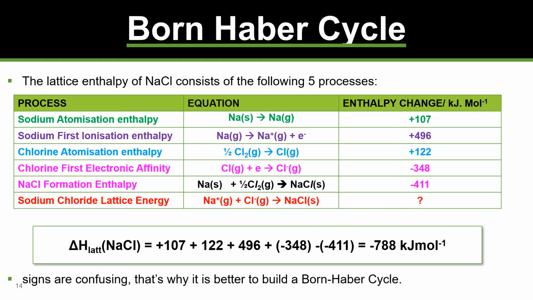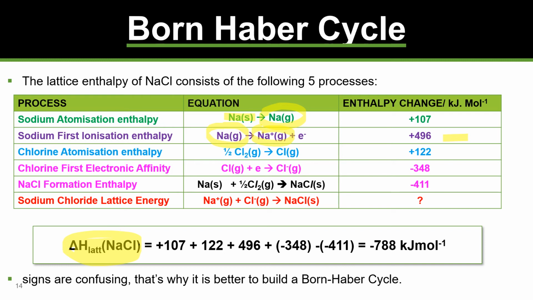So, for example, to calculate the lattice enthalpy of sodium chloride that we have here, we have several steps. We have sodium in the solid state that we need to pass into the gas state first. Then that sodium gas needs to be ionized by releasing an electron, which is going to be the first ionization energy or enthalpy.